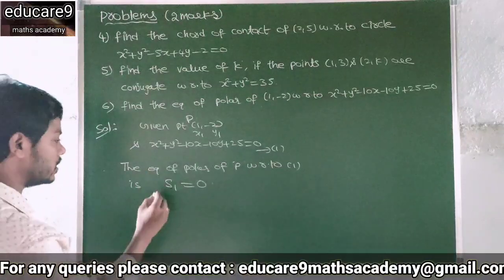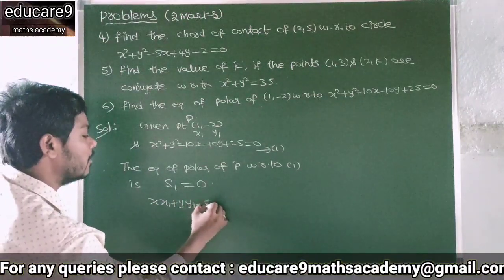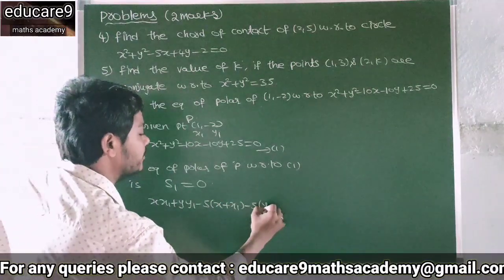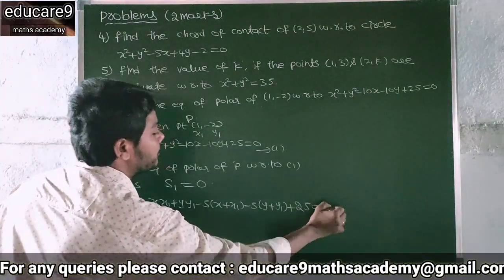So what is S1? That is x x1 plus y y1 minus 5 times of x plus x1, minus 5 times of y plus y1, plus 25 is equals to 0.